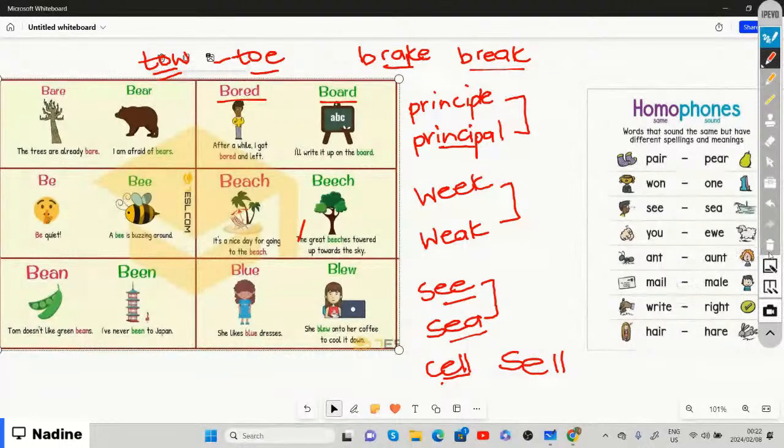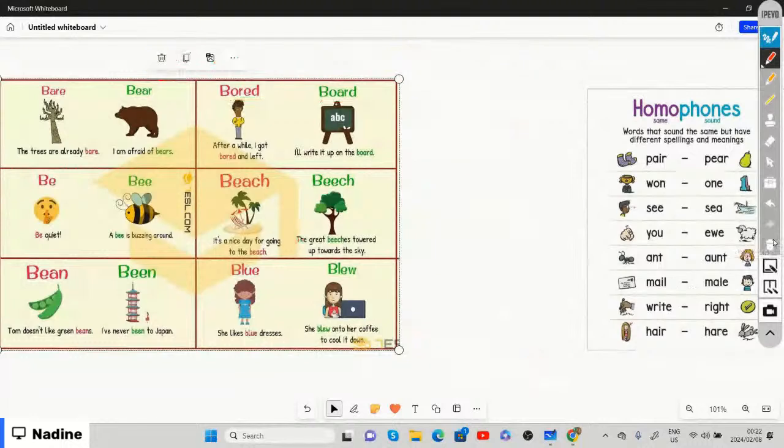Not she and shee, right? Because if you say shee, remember, you can even hear the word, it sounds different to she, right?